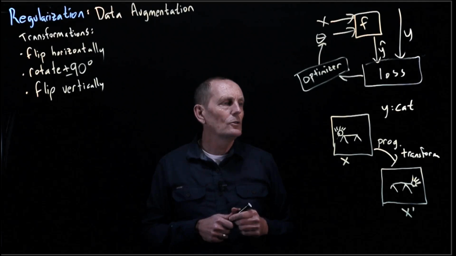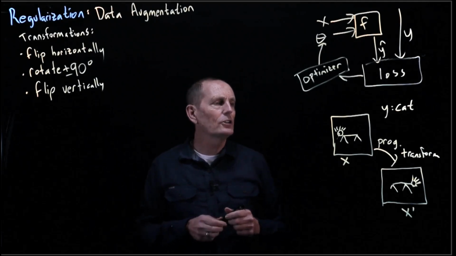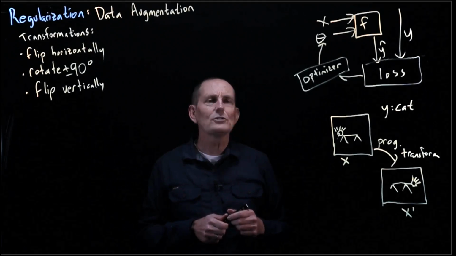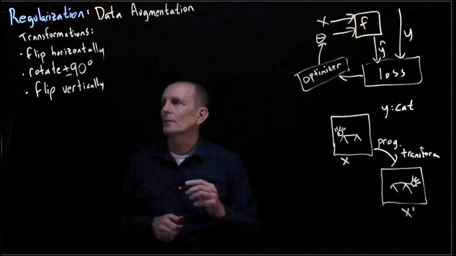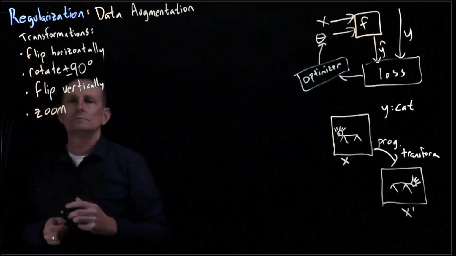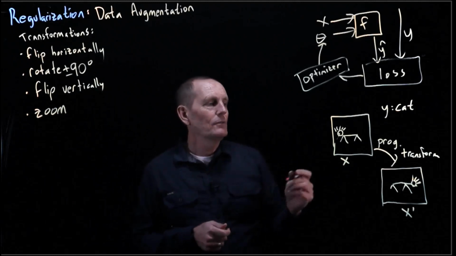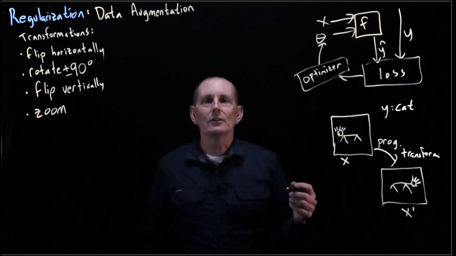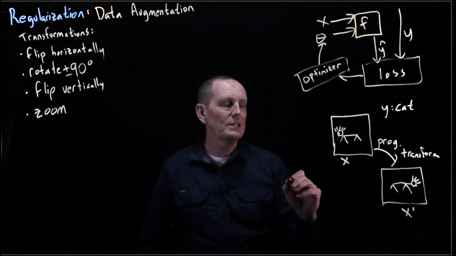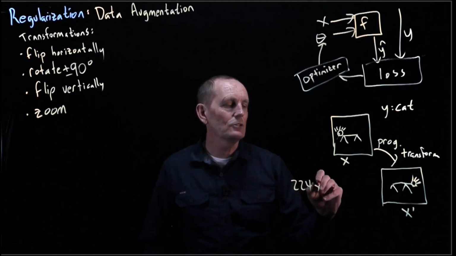Well, what about zooming in? When we are doing our training, we normally have fixed size images that we're dealing with. So for ResNet, that's often 224 by 224.